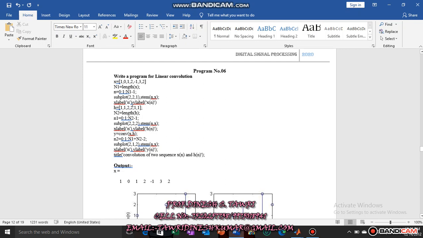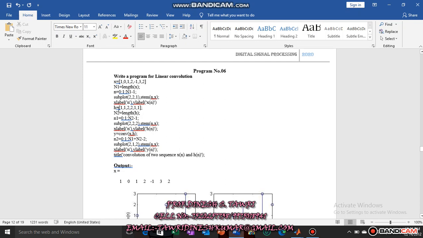After that give a comma and ylabel in round bracket, x of n in single inverted commas, bracket complete. Now this is our first sequence. For the next sequence, the same format will be written for h.